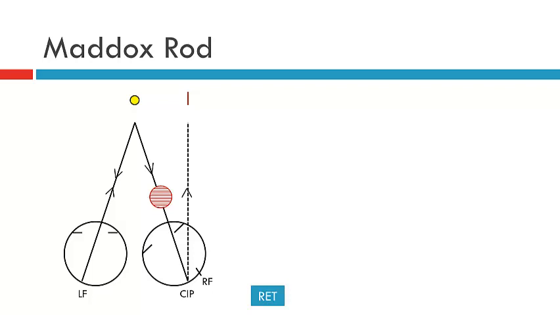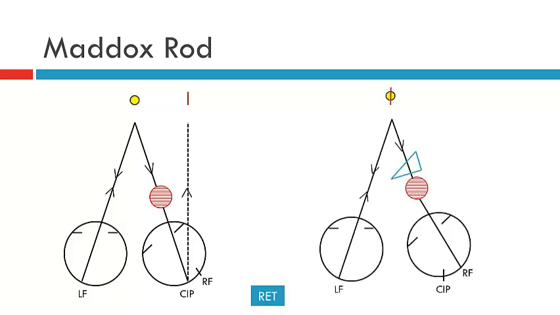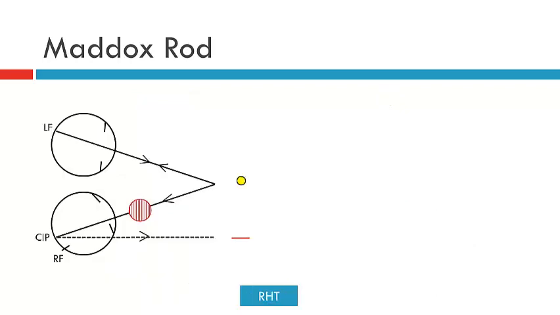If we look at a few examples, here we have a right esotropia with an uncrossed image, and what we'll need to do is put a base out to move that image to run through the light. So we can see the apex is in the direction that the line needs to move, and the base is consistent with what we expect with an esodeviation, it's base out. Let's have a look at a vertical deviation.